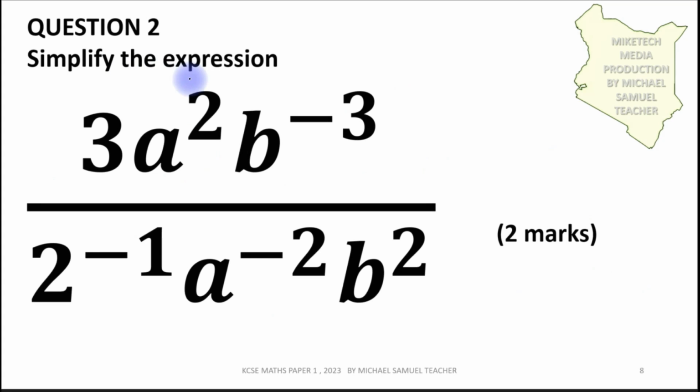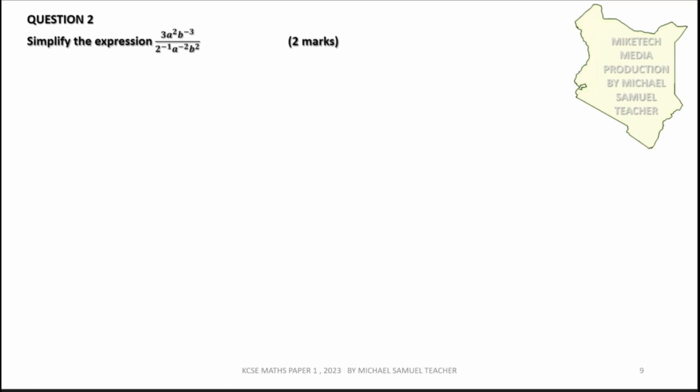Question 2, simplify the expression. We have 3a squared times b raised to minus 3 all over 2 raised to minus 1 times a raised to minus 2 times b raised to 2. The same way, let us work out the numerator and then we work out the denominator.